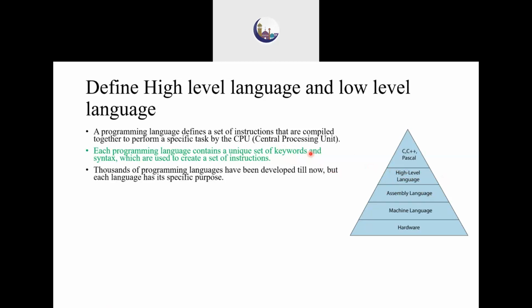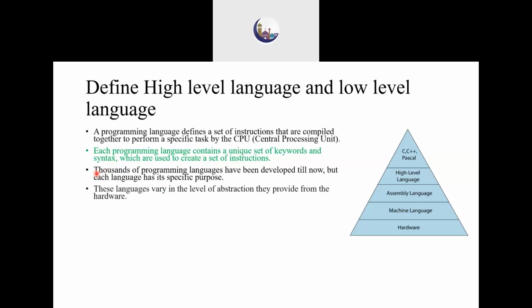Along with the words, we should have certain syntaxes to be followed. Syntax is just like grammar. In English, we have words, and words are combined together into grammatical sentences, right? So we have keywords and we have syntax to use those keywords.